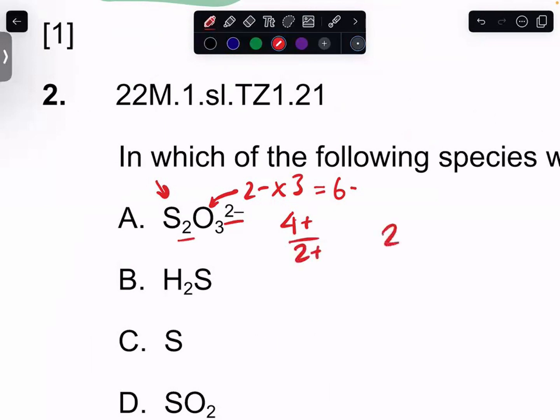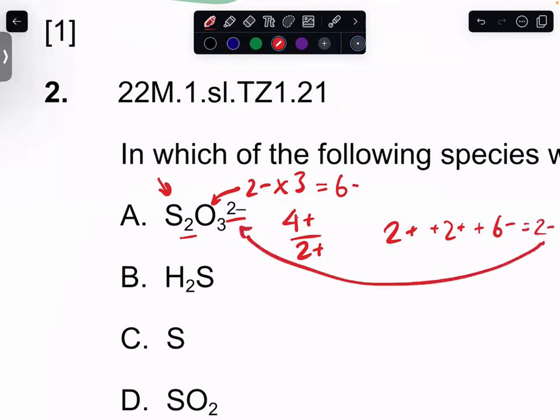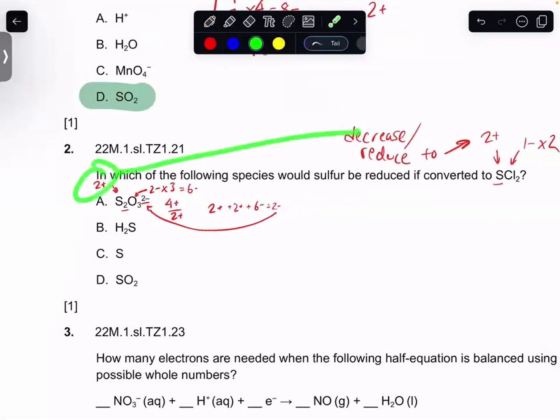If we check this out, 2 plus plus 2 plus, that's a lot of pluses, plus 6 minus, we get an overall of 2 minus, which is the overall charge. So nice. So sulfur is 2 plus. Now, 2 plus does not decrease to be 2 plus. In fact, those are the same. So there is no reduction. It doesn't actually change.